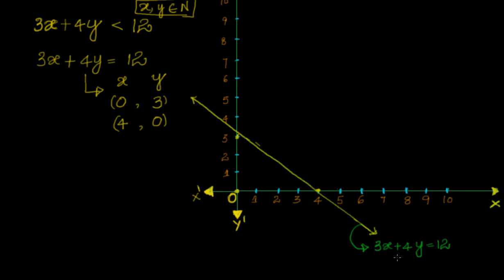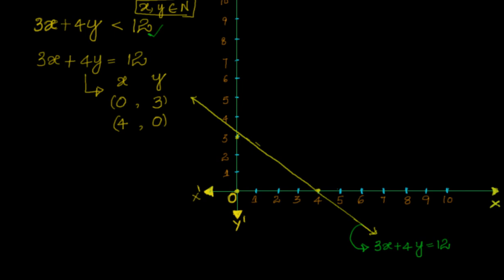We have drawn the straight line 3x plus 4y equal to 12, and you can see that 4 comma 0 and 0 comma 3 are the two points. We know how to handle a linear equation in two variables: draw a straight line, and all the points on the line are solutions. Now, how do we identify the solution region in this graph for 3x plus 4y less than 12?